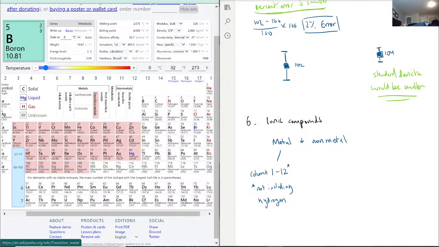Okay, so that's what you want there, because the simple goal there, just to make sure. Okay, exactly. So the reason why you don't want to include hydrogen is because that's a non-metal.